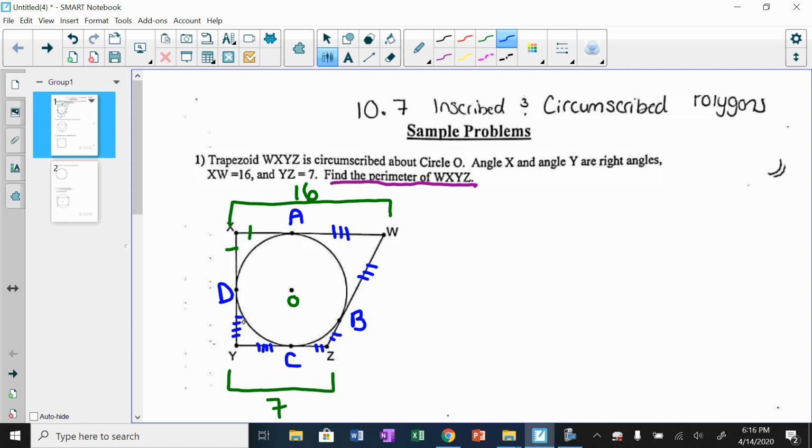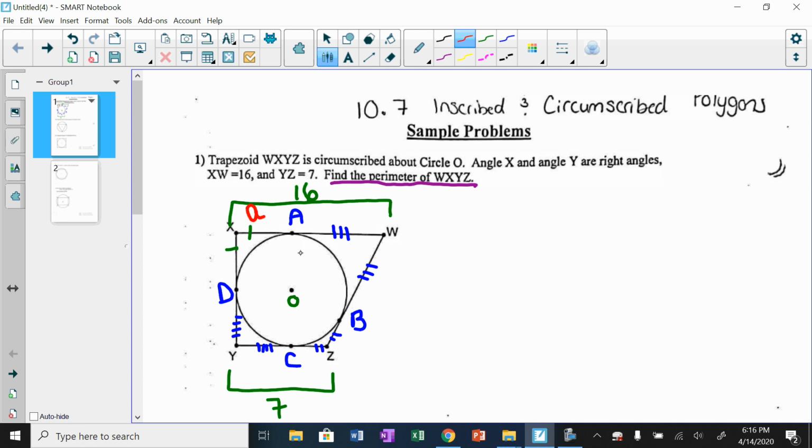Now, before we'd say, okay, well, XW is 16. If XA is x, then AW would be 16 minus x. But that's how we would do a traditional walk-around. This is going to be a little bit different. Let's say that XA is a lowercase a.